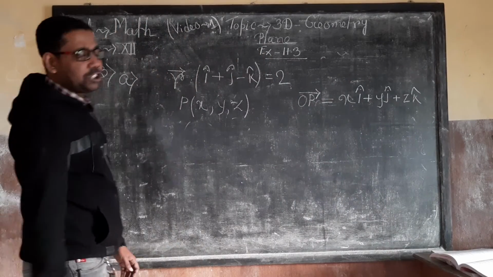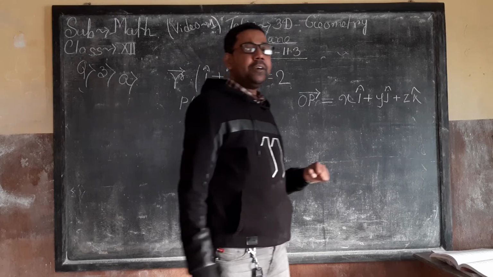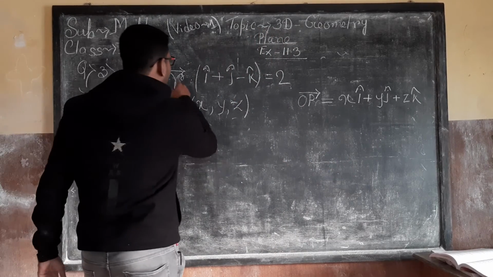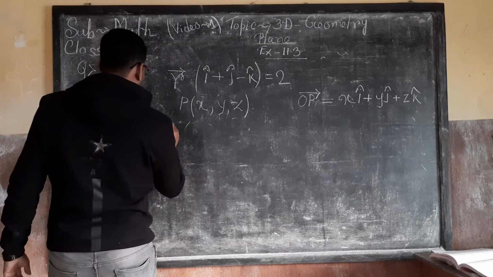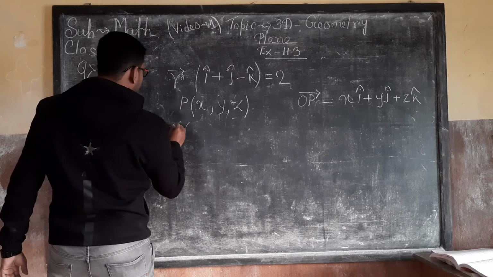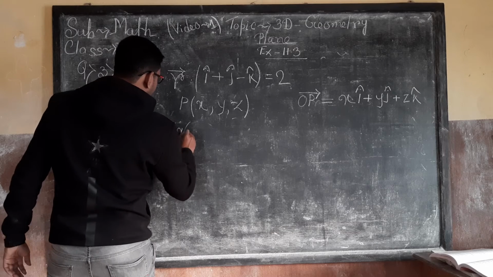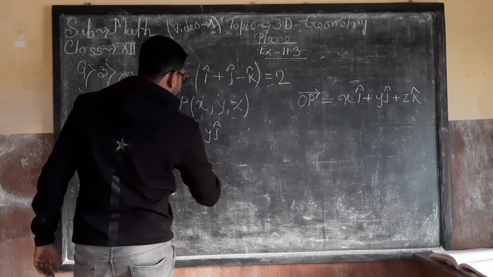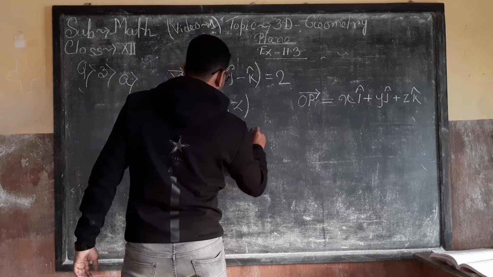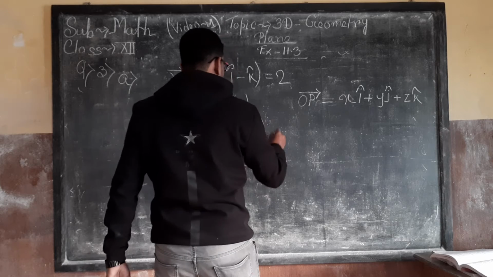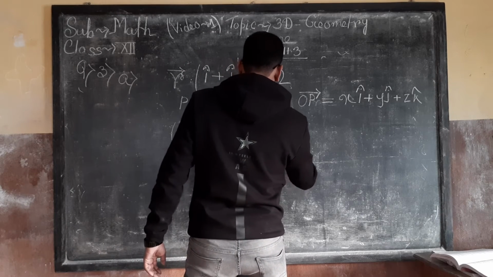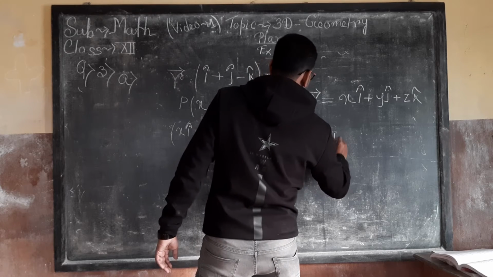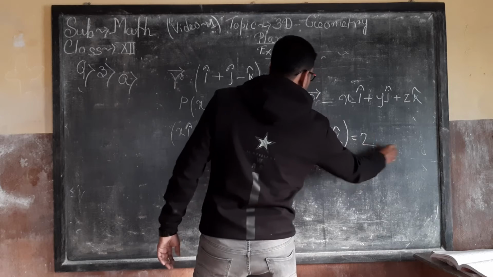This is the position vector of this point P, and if you put this value in place of r, that means xi cap plus yj cap plus zk cap dot i cap plus j cap minus k cap is equal to 2.